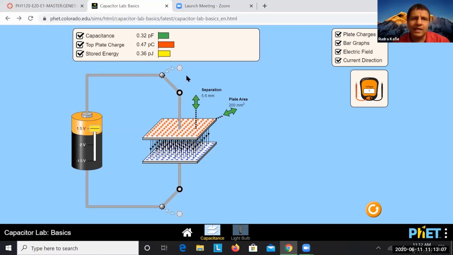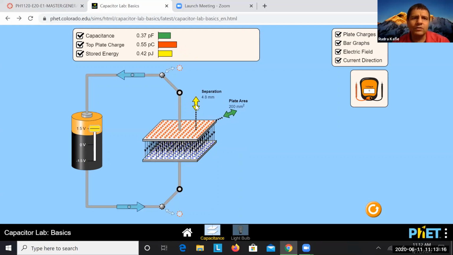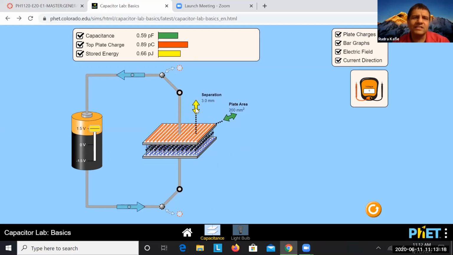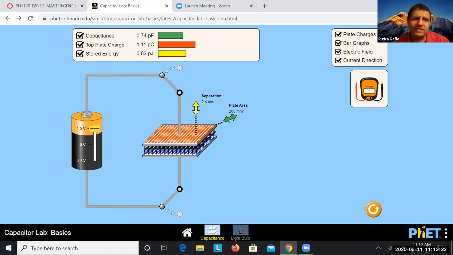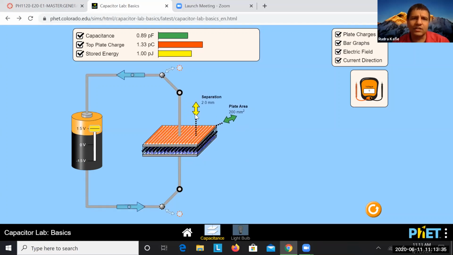Please see the bar chart all the way at the top. When I increase and decrease the separation, see how the capacitance, charge stored, and energy change. When I bring the plates closer, the capacitance increases, the amount of charge stored increases, and accordingly the energy, that yellow bar, also increases.